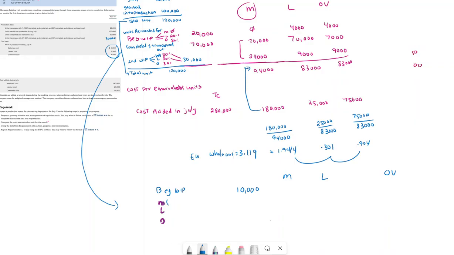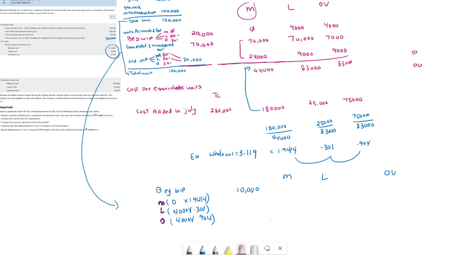The material was 100% complete, so I take 0 multiplied by 1.9414, which gives me 0. For the labor, 4,000 units were completed in this period. The cost of completing for labor is 0.301, and my overhead is 0.904. 4,000 multiplied by 0.301 gives me 1204.